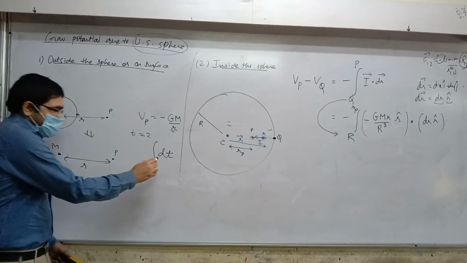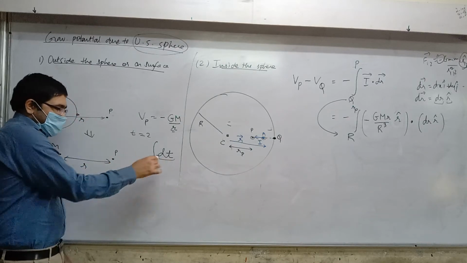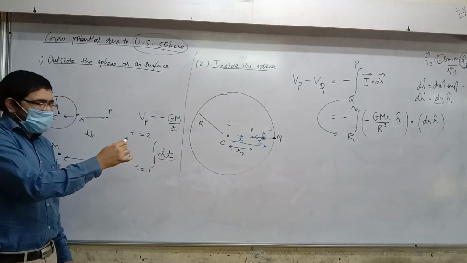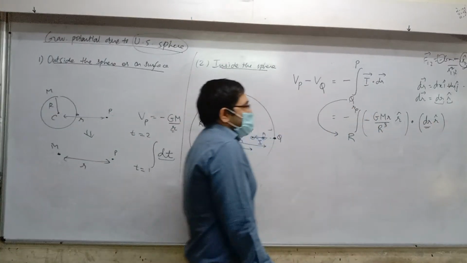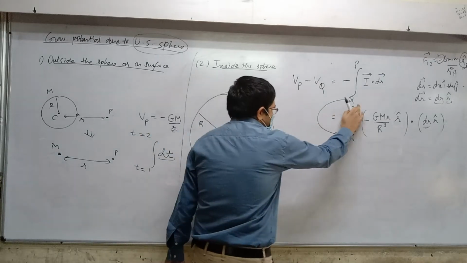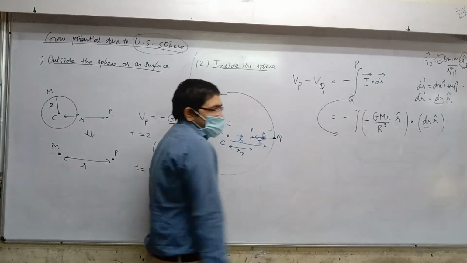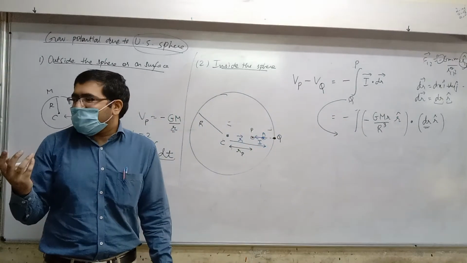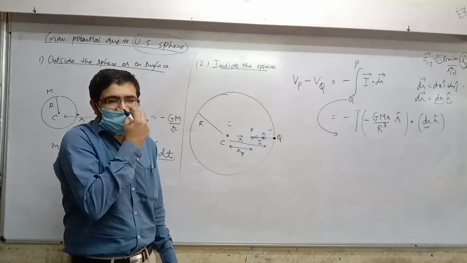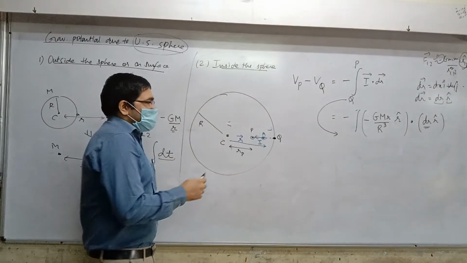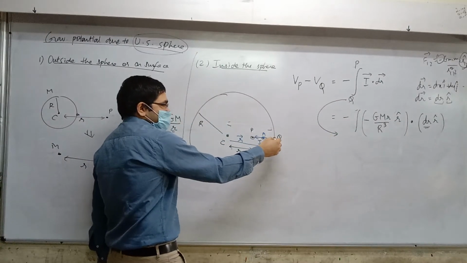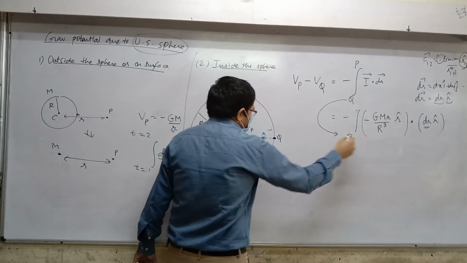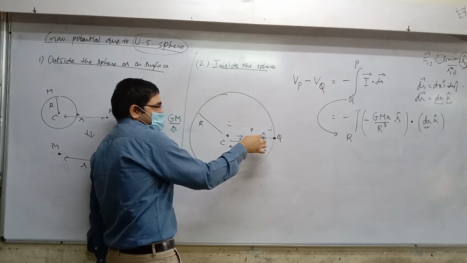I have taught that. Whatever you write here, these are those values. That is, if you write dr here, because we are writing dr, these values are supposed to be the values of r, the distance from center. So for point Q the distance from center is capital R. Understood? Now for point P, the distance from center.